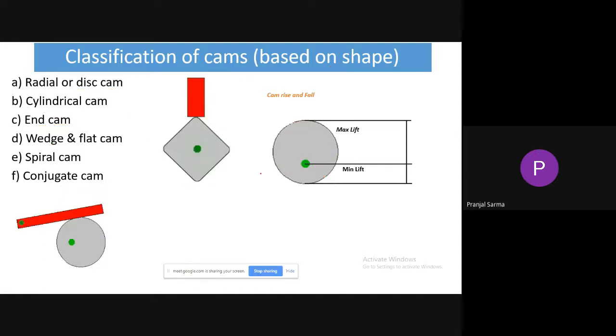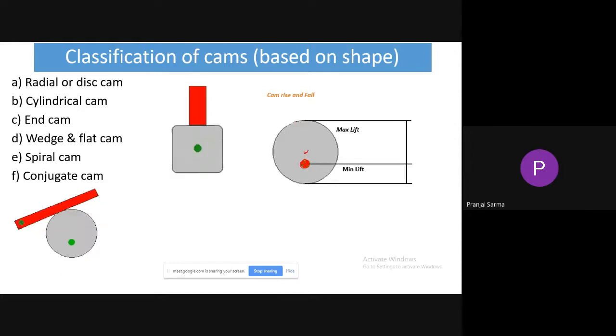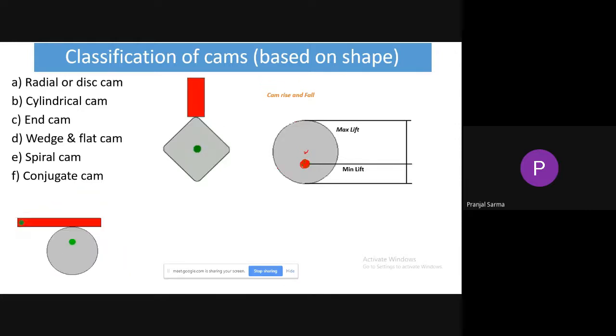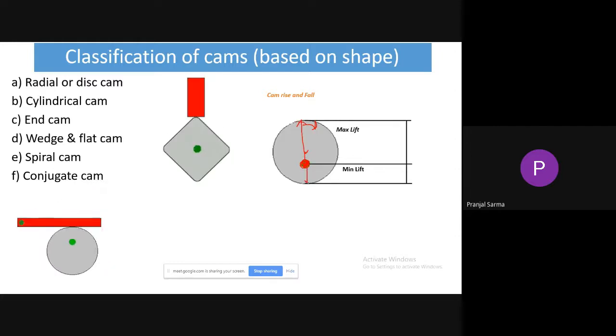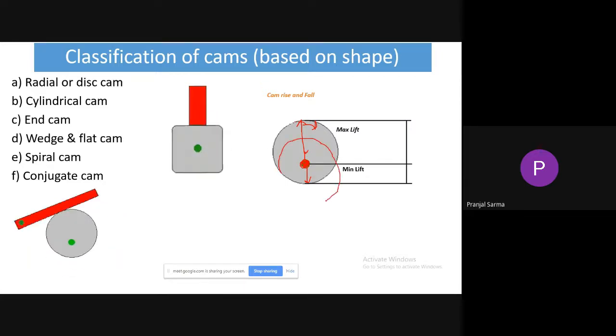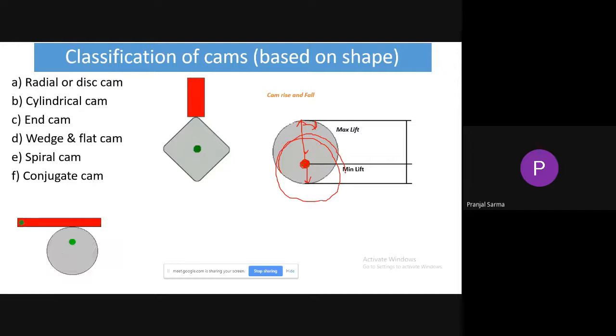But it will work if you provide some eccentricity to it. That means the center is not here but somewhere else. Then, as it rotates, this is the maximum lift position and this much is the minimum lift position. There will be a time when it has rotated and will be inverted.